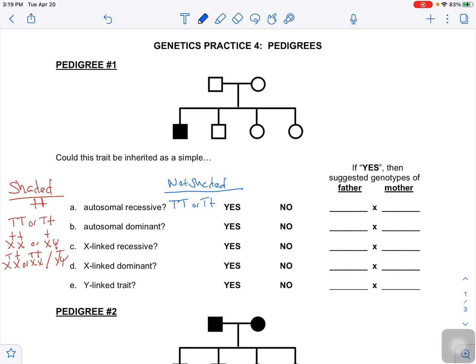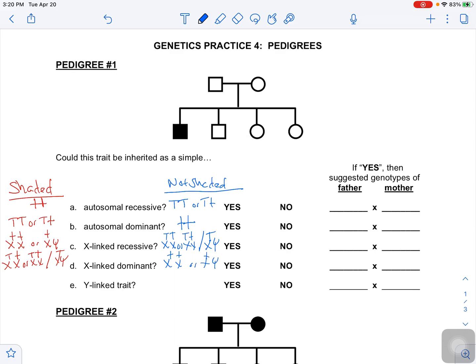If it's an autosomal dominant inheritance pattern, the not shaded individuals would be homozygous recessive. So we actually do know something about each of these, and we can learn something about them by seeing what we know about each of the inheritance patterns and what we can tell from them.